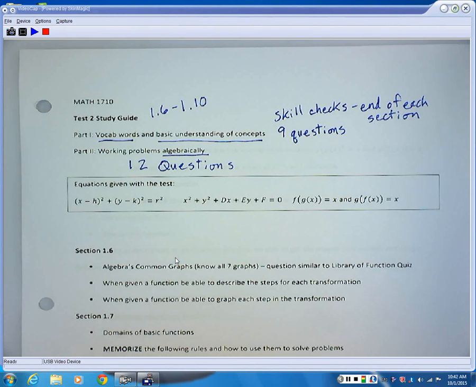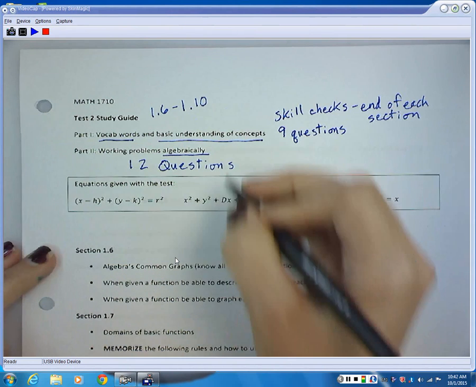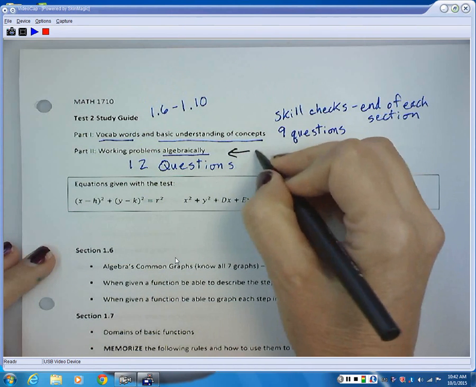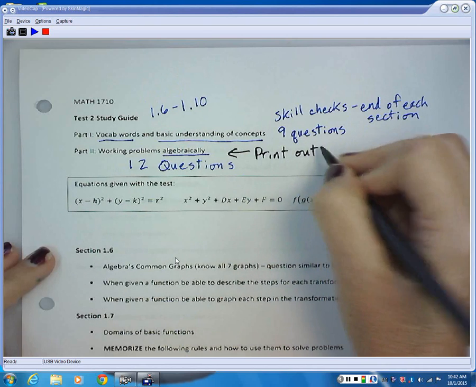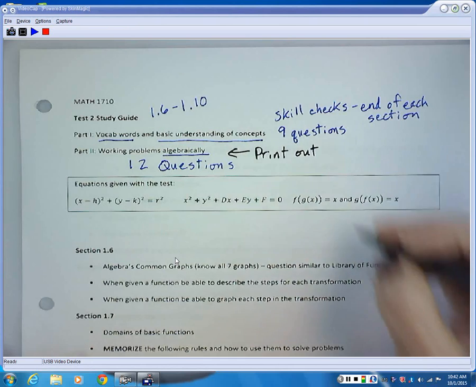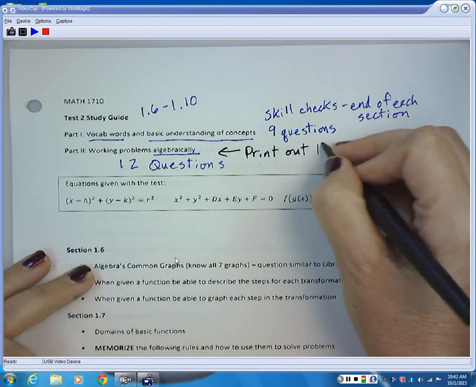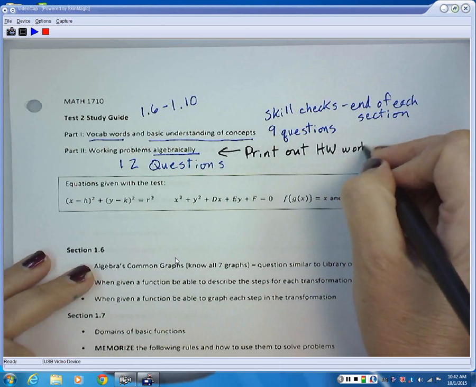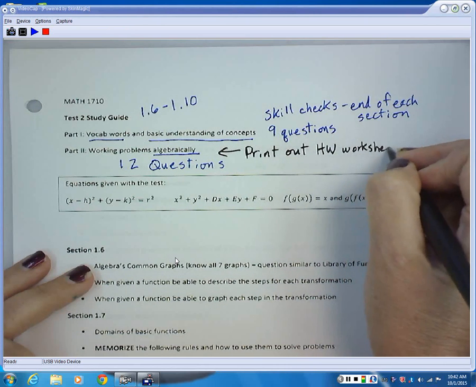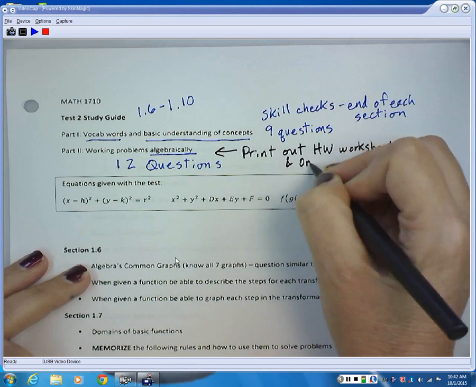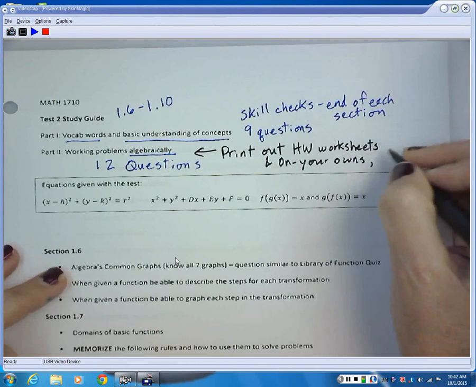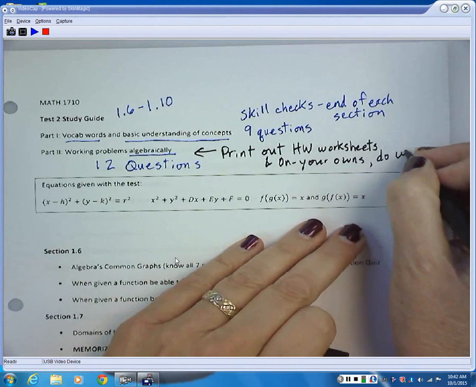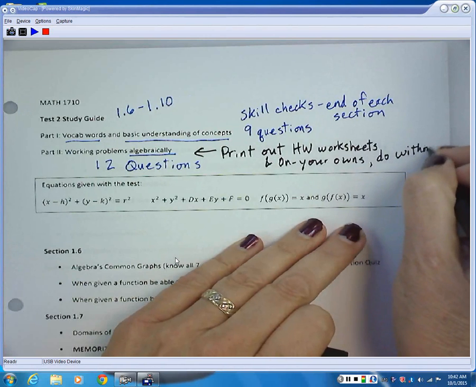Okay. A good thing for you to review for the test is to print out the extra worksheets. I've given them back if I collected them, but print out the homework worksheets on your own, and try those without looking at your notes. I won't collect those. I've already collected the ones I did.